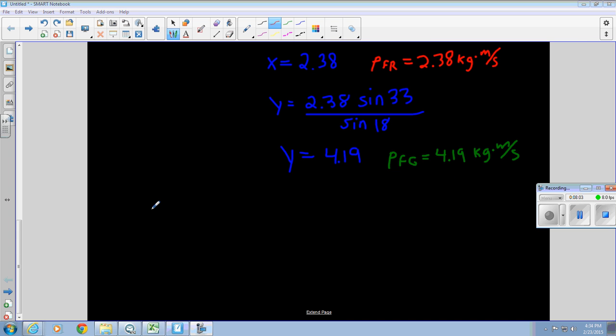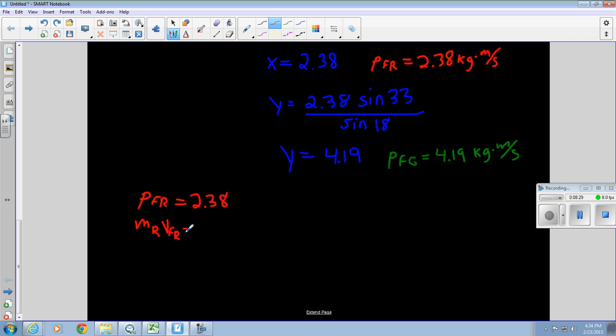Now that we have both momentums, we can figure out what the velocities for each of these are. The velocity of each ball. The momentum final for the red ball, again, is 2.38, and that's the mass of the red ball times the velocity of the red ball final.